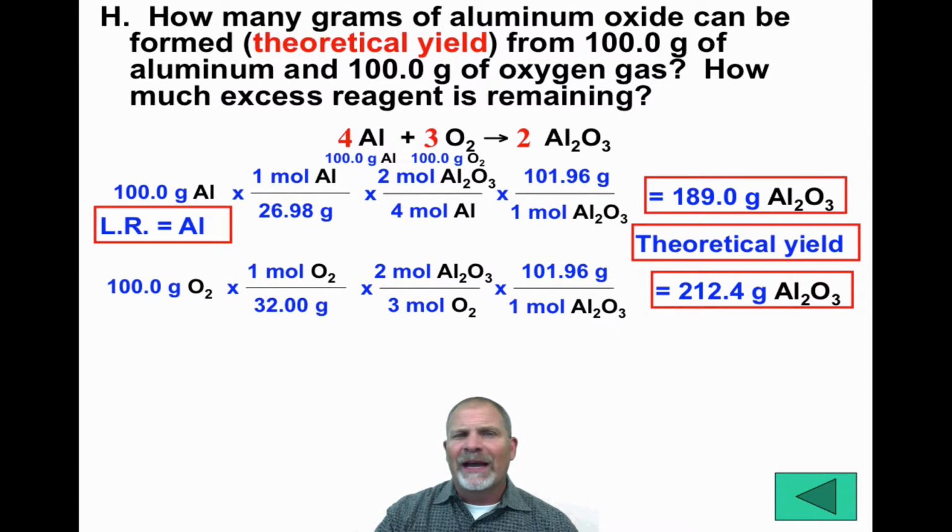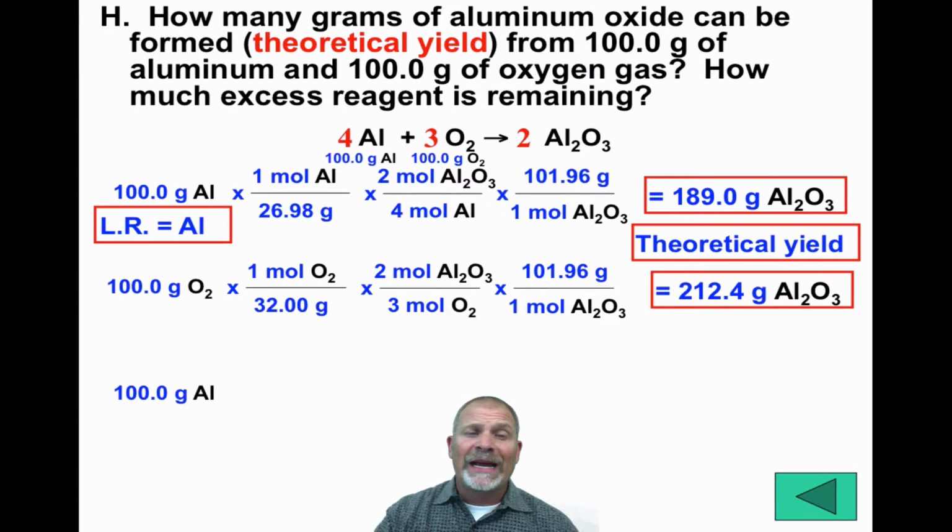Now the question is, how much of my excess is actually remaining? Since my limiting reagent is aluminum, I know my excess is oxygen. What I do know is I started out with 100 grams. The thing is, I just don't know how much was used. So to figure out how much was used, once again, I start out with my limiting reagent.